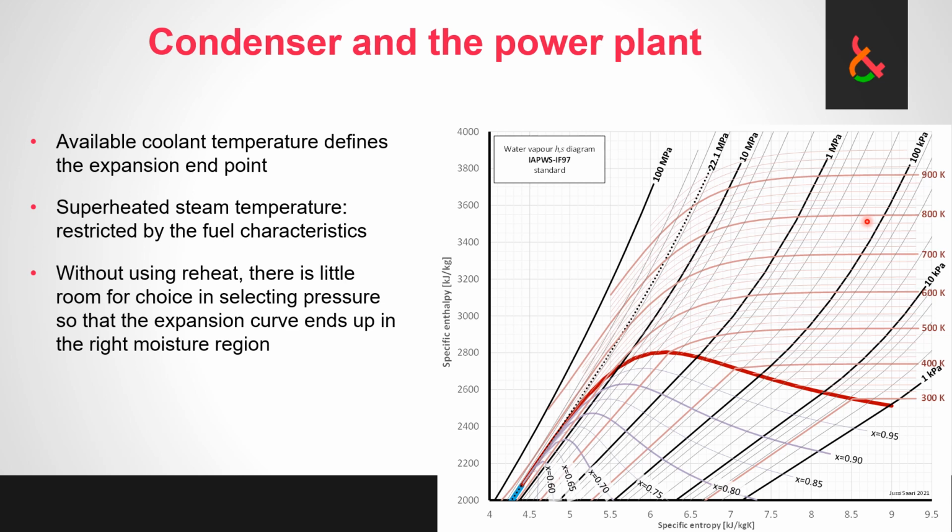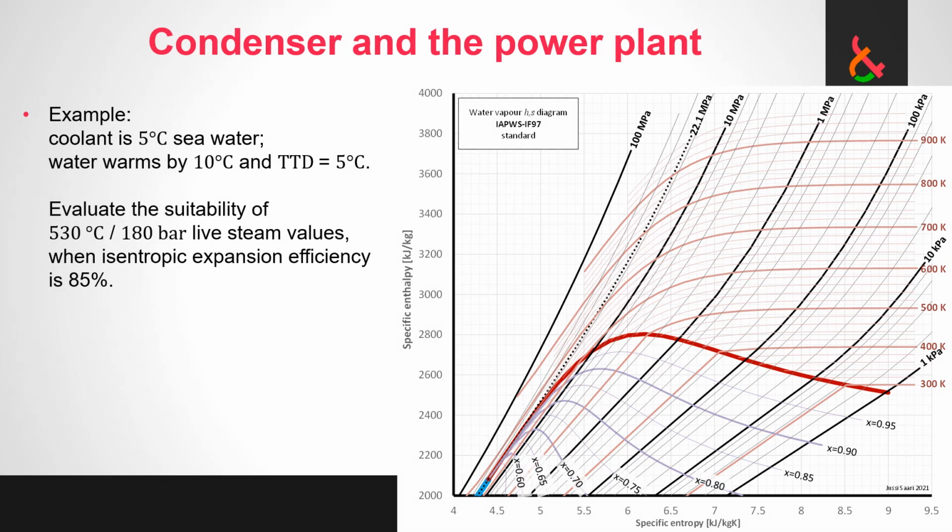We can play around a little bit with the pressure and temperature here, and there is a narrow range of pressure depending on how much cooling water we pump in, and so on, but really not very much.